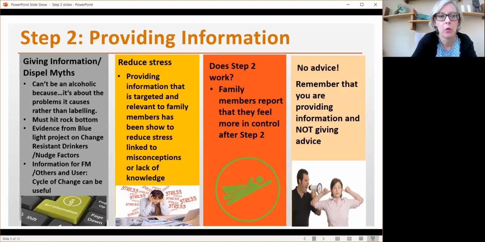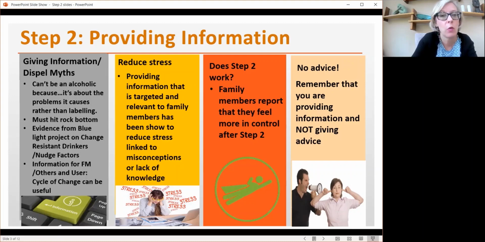They don't drink in the morning, or they sometimes stop for a week or more. And our task here is to help them see that this label isn't important. The issue for them as a family member is about what problems it causes the family member and others.